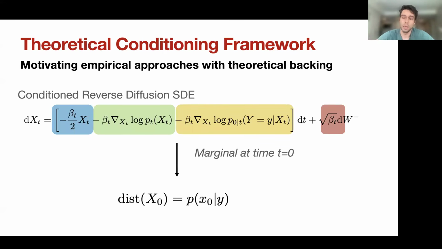That might just be a linear transformation times x_0 is equal to a value, for example the second coordinate of x_0 is equal to the value like in the plot, or it might be a noisy transformation, a linear transformation plus noise is equal to a particular value, like in the noisy inverse problem setting that we consider in the paper. But anyway, the main point is that this gives us a theoretical mechanism, just the term that we need to add, to be able to condition an SDE.